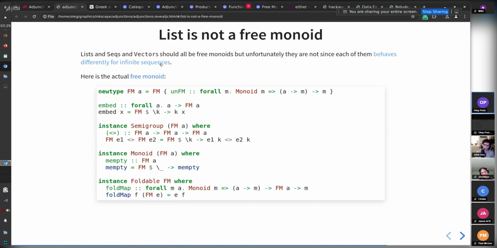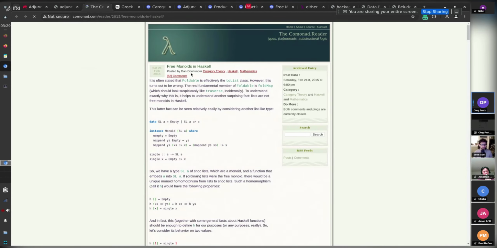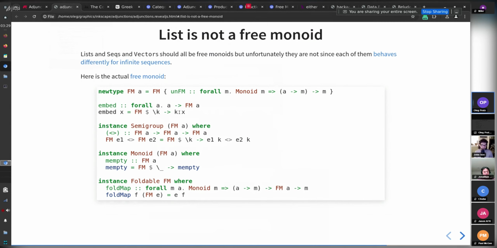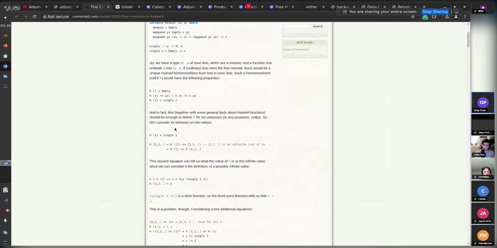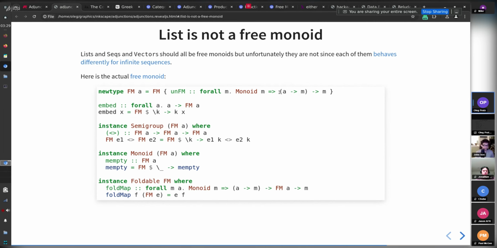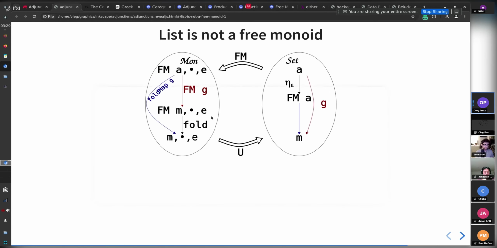It's addressed in the article by Dan Doel. He is defining this new data type by taking the signature of foldMap and partially applying it to the collection. And this now is the actual free monoid.